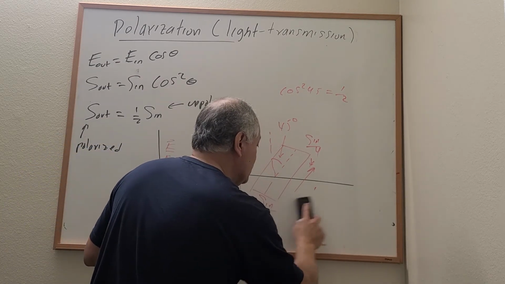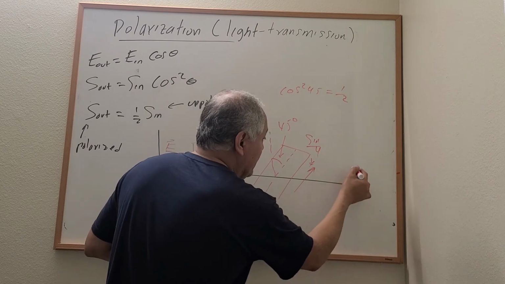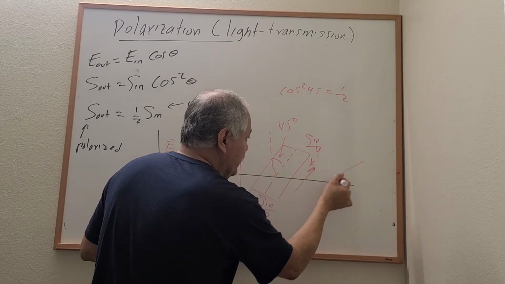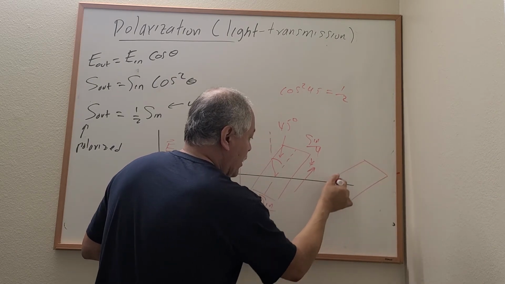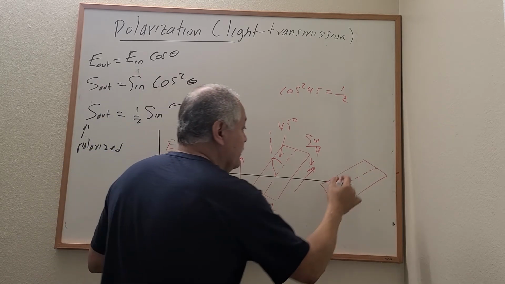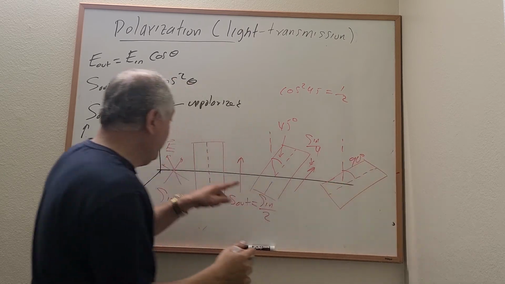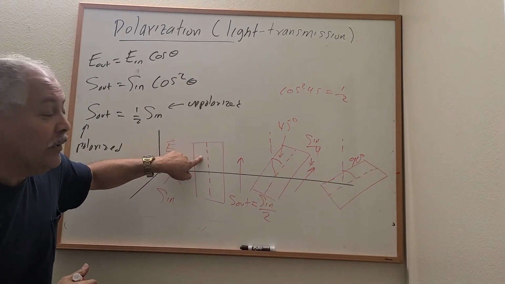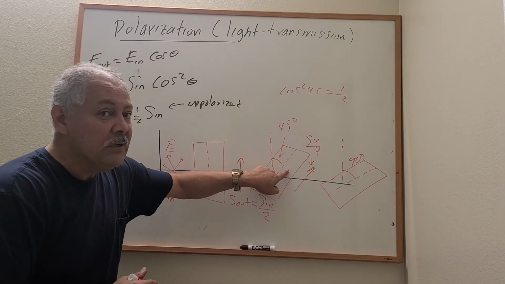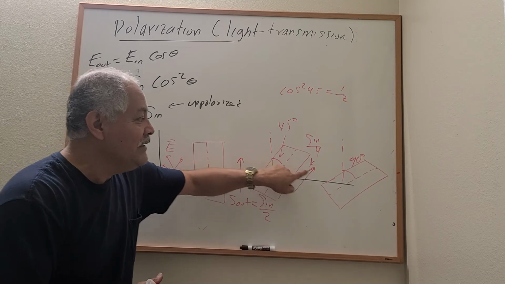Now let's go to the next picture. Now imagine that we have this situation. In this case, this is 90 degrees with respect to the original one, the first one, but not with respect to this one. With respect to this one, the difference is 45 degrees.